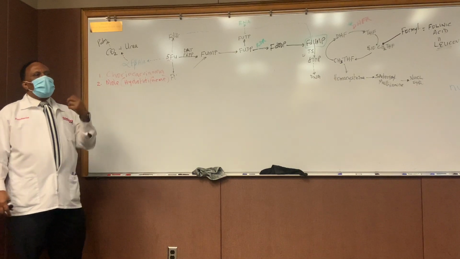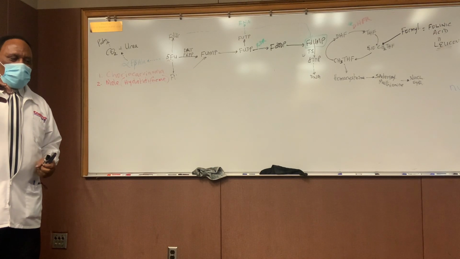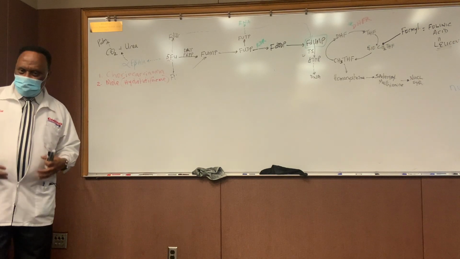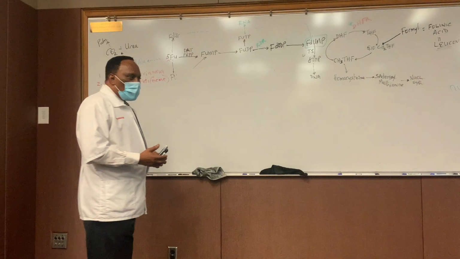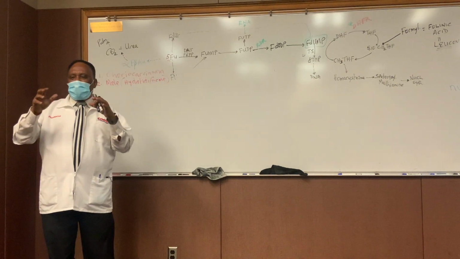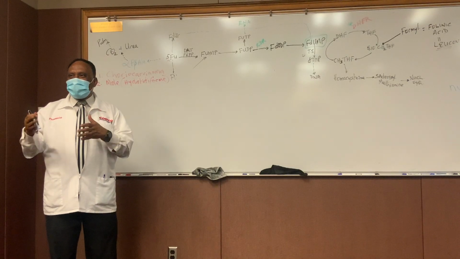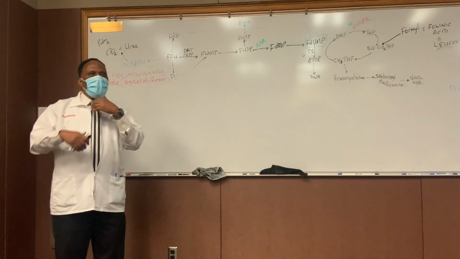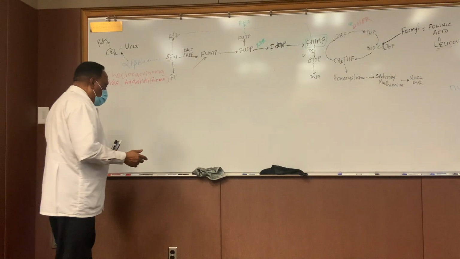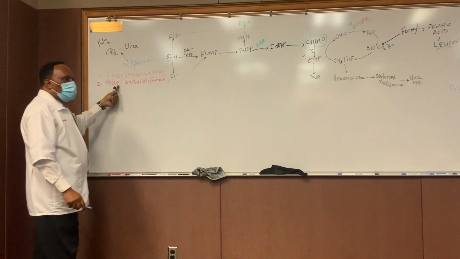Hydatidiform mole is a gestational type of cancer that develops from the cells of the womb, the uterus. It just keeps getting larger, and the patient might think that they were pregnant. That's why it's sometimes called pregnancy mole. It's just that 9 months come by and there's no baby. That's a serious type of cancer.